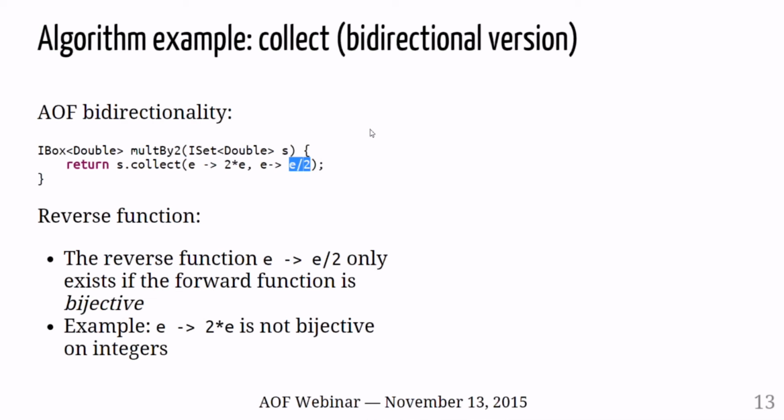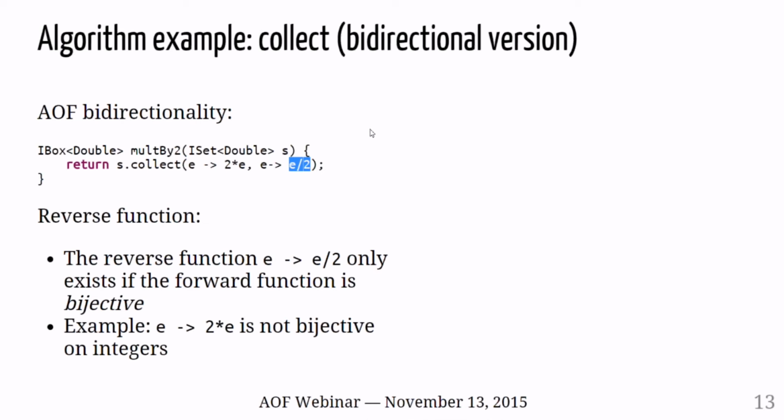Here, it's easy to see that these two functions are the inverse of each other. There is a bijection. If it was not on double but on integer, of course, there would not be a bijection, so there could be some issues.